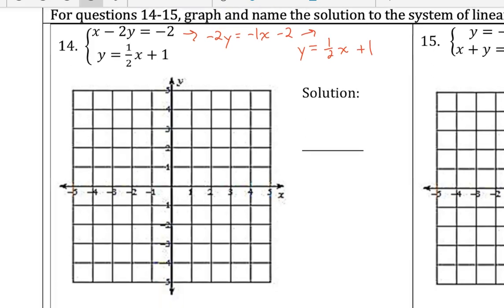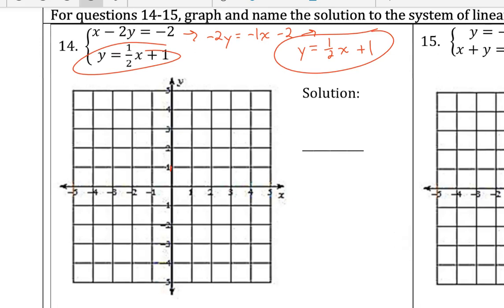So for that line, I could look right here and see that both of these are the exact same equation. So I just have to graph it once. And again, they're going to overlap each other, so we talked about drawing the double arrows there. Now again, I have two equations with the exact same line, so I have infinite solutions, or infinitely many solutions.